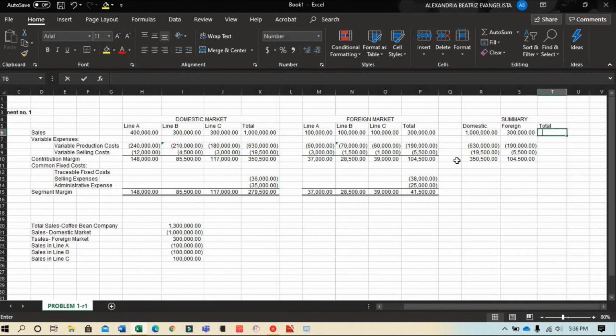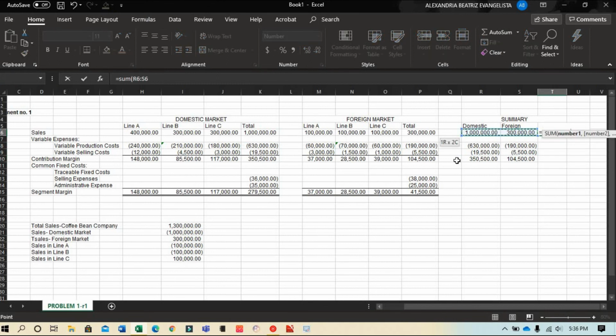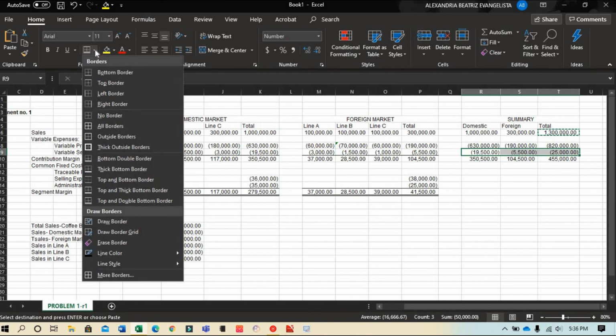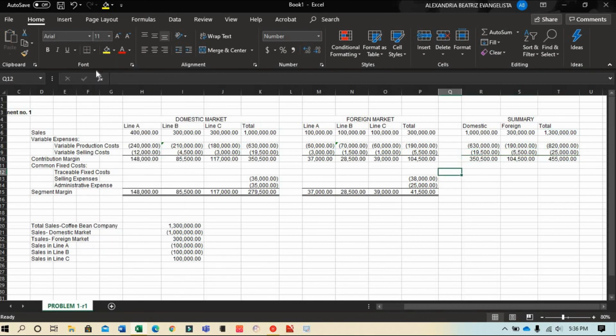So let's just get the total of these numbers. There you go. Okay, that's too much. Going to get these numbers, and it is just the same in the totals in the foreign and domestic market.